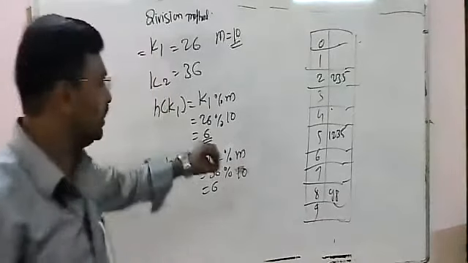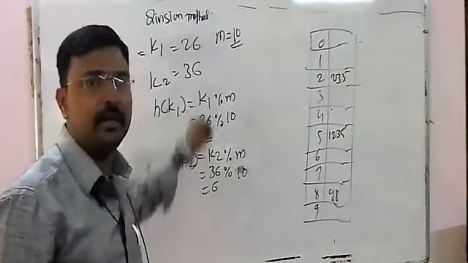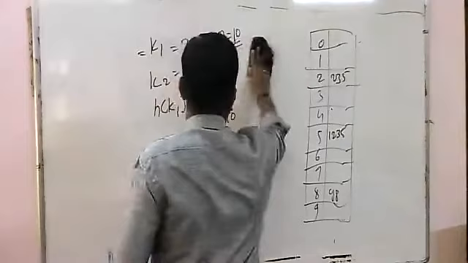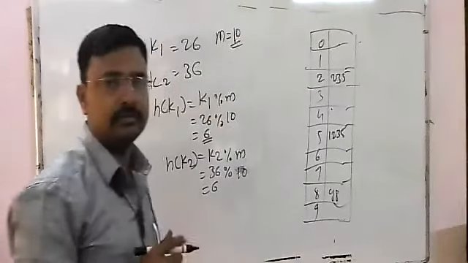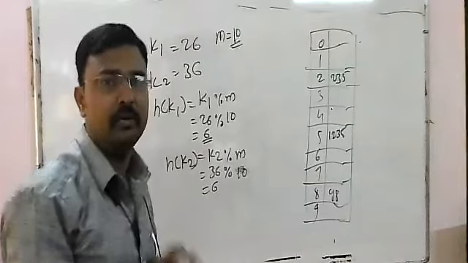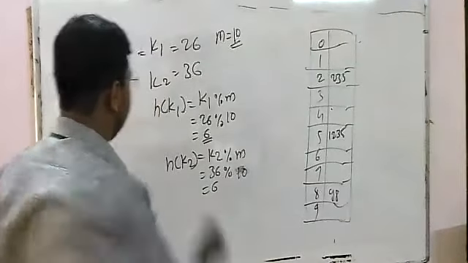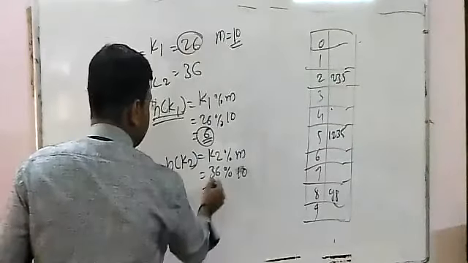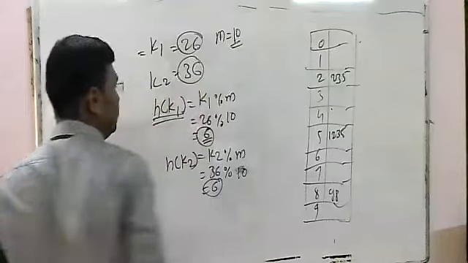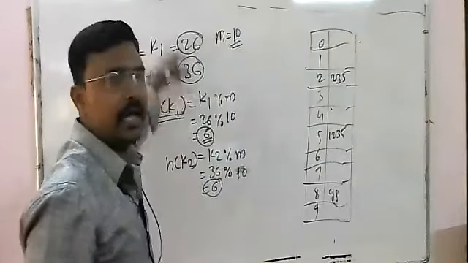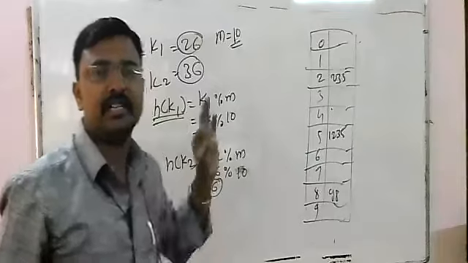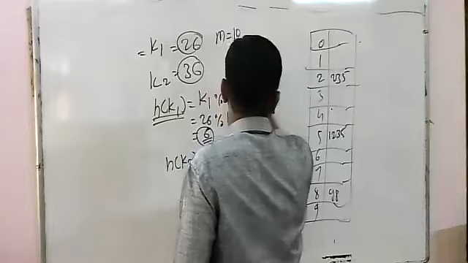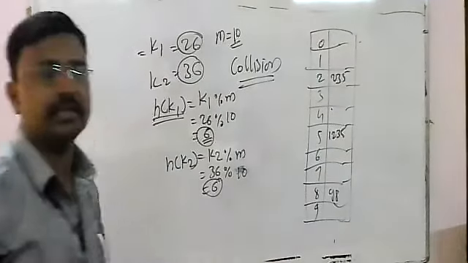If such a condition occurs in your hashing, the same hash value for different key values. See, this is the hash value for your 26 and this is the hash value for your 36. Both have the same hash value. If such a condition occurs, it is called a collision.